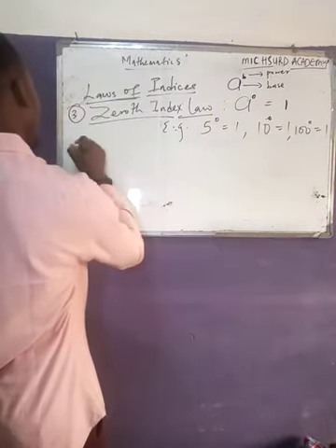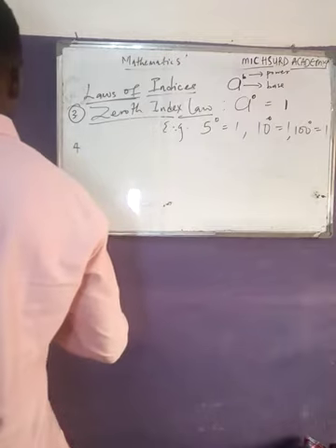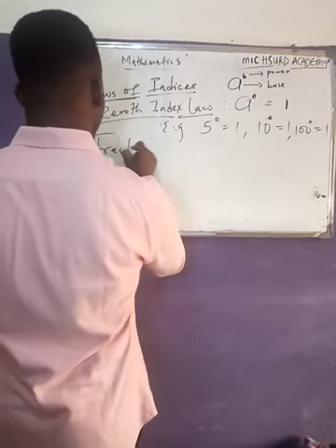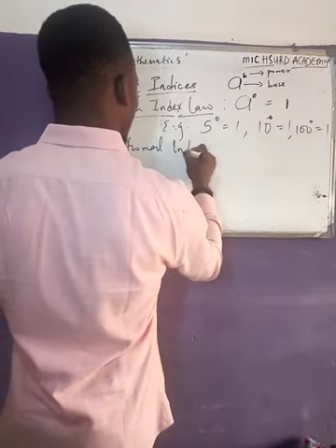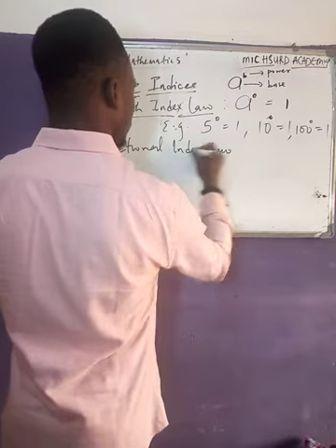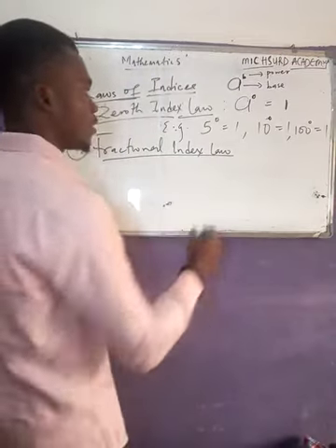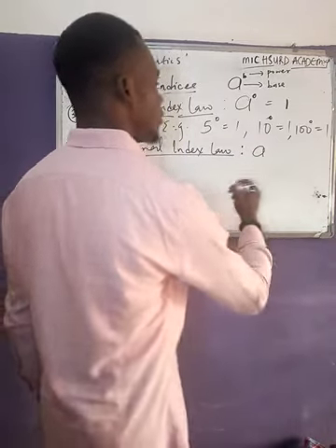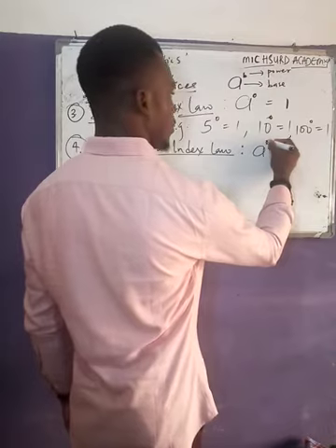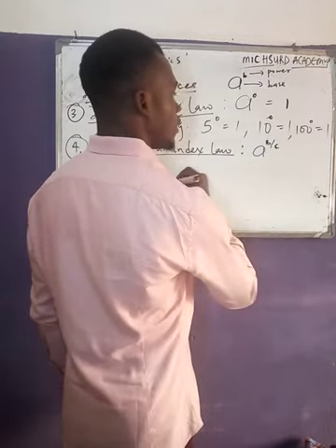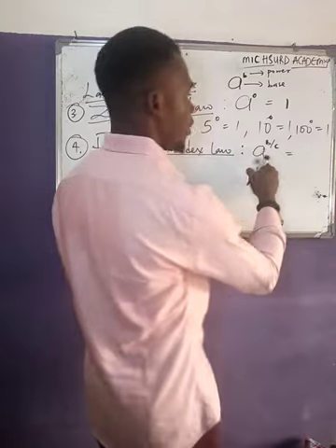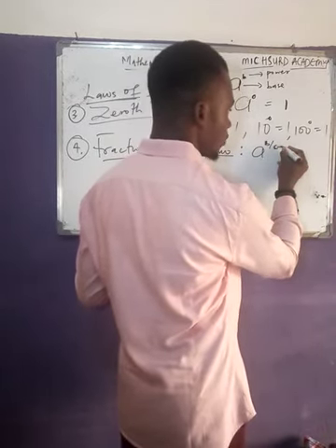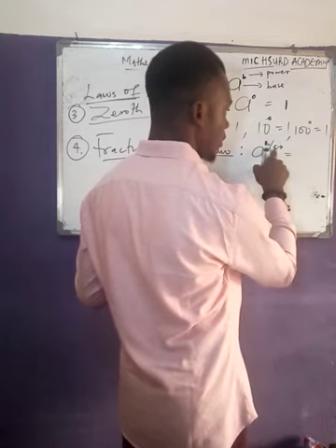Alright. Now we have another one, which is the fractional index law. Now for the fractional index law, it says that if you have a base that is raised to a power that is a fraction, we look at the denominator of that power, which is c.